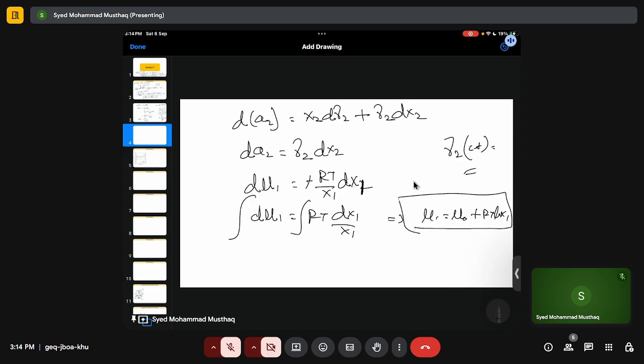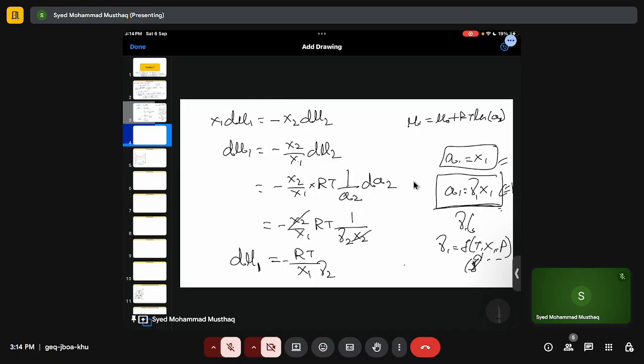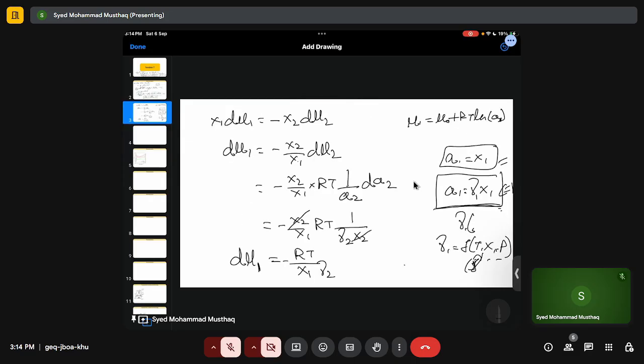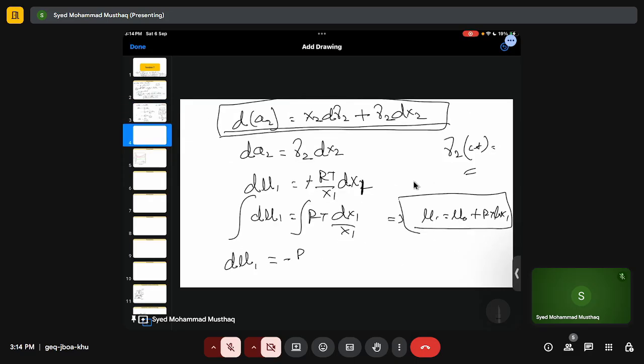What about if I didn't take the constant? Then I have to write this whole term. I will have x2 upon 2, then mu2 and mu2 will get cancelled, then I will have x2.